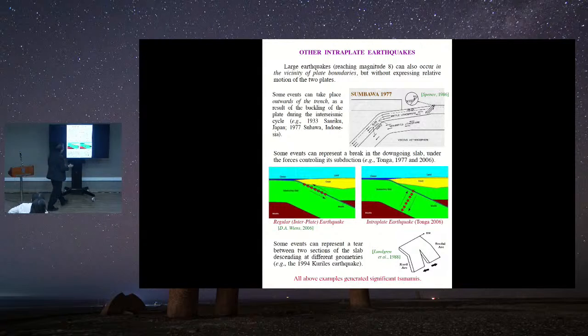For example, here in Sumbawa in Indonesia in 1977, you have an earthquake which ruptures the plate out in the ocean before it subducts. And it's a normal faulting earthquake. And this thing was huge.